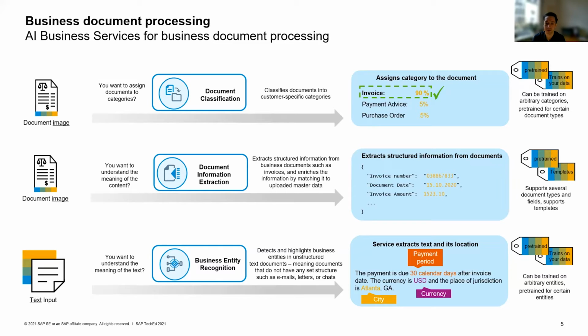For example, a payment period, currency, and the city or the address of a specific text. This service is retrainable with customer data, but also here SAP delivers some pre-trained models for customers to use the service out of the box.